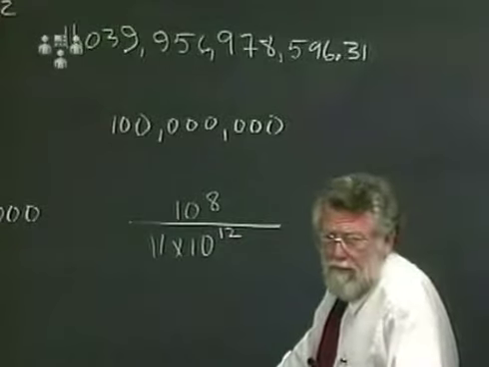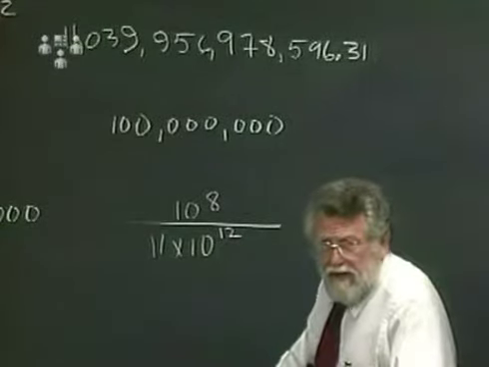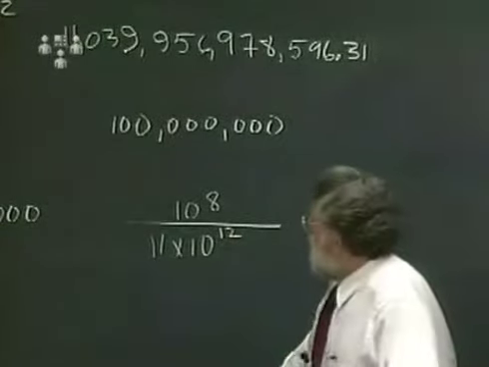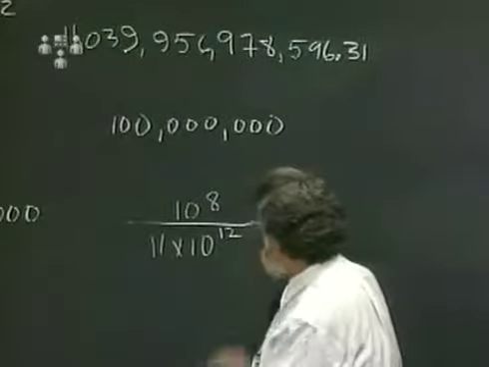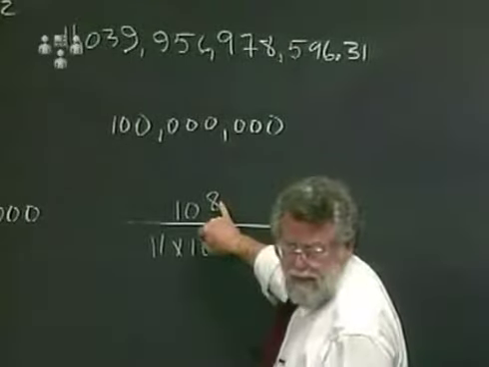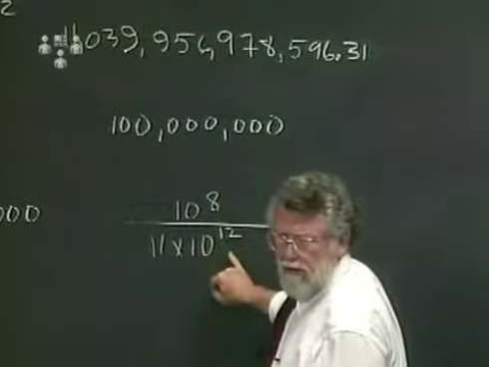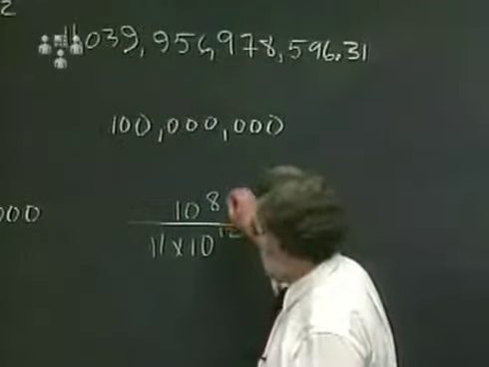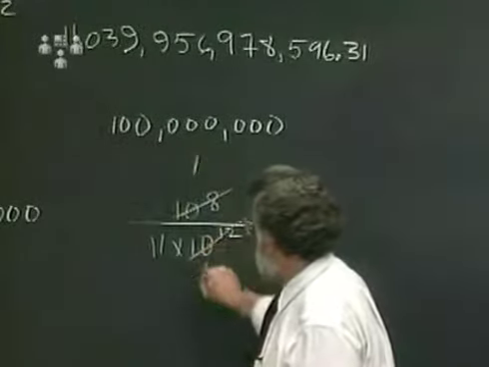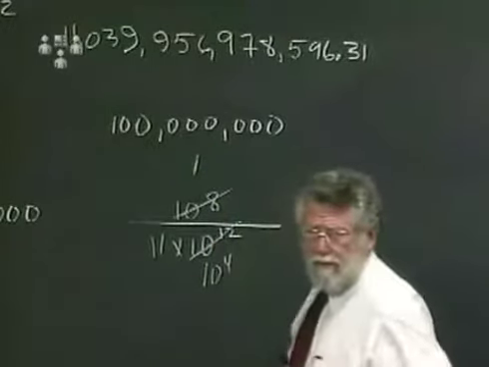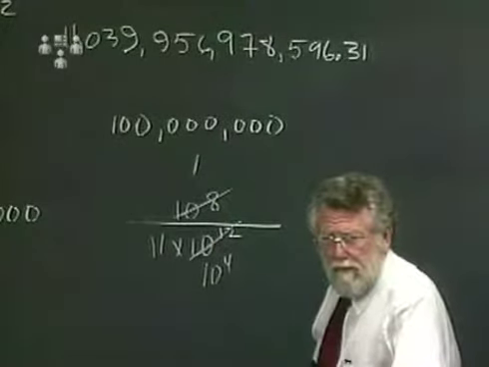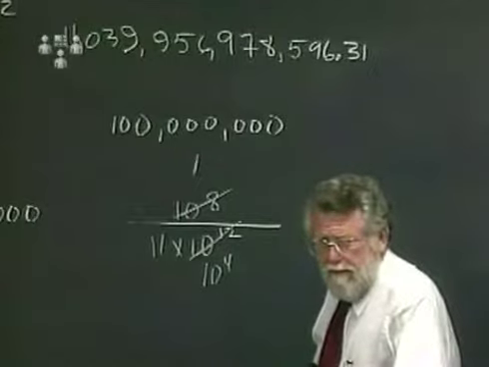Okay so far? Now I want to get this as a percent. So let's see what we can do here. If you cancel the 10 to the 8th with the 10 to the 12th, we'll get what? 10 to the 4th, agreed? So this is a 10 to the 4th here. So far, okay.